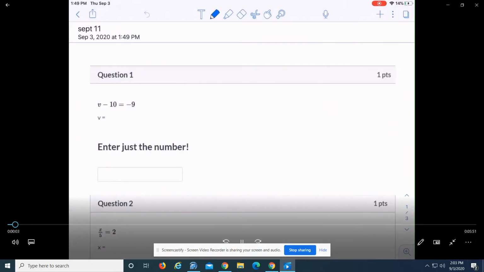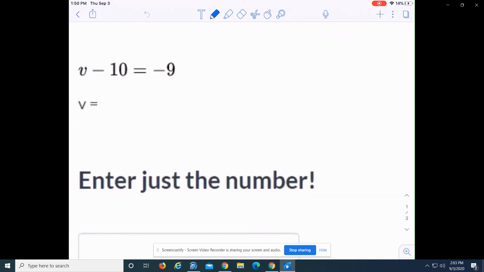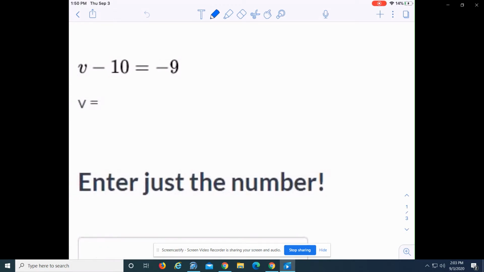Hello, today we're going to start a new unit. We're going to take a look at equations. Now this equation here, the easiest way to do equations is to rewrite them. Have a piece of paper next to you and rewrite them. So even though it's right there on your screen, these are easy one-step equations where you only have to do one thing.